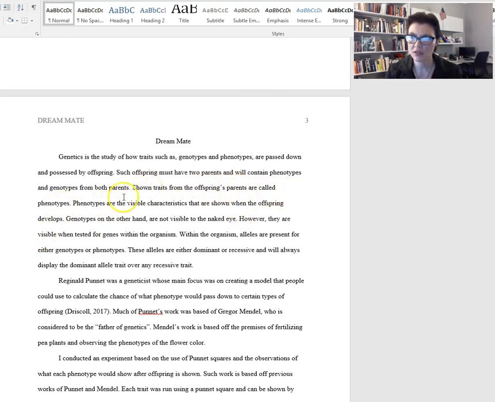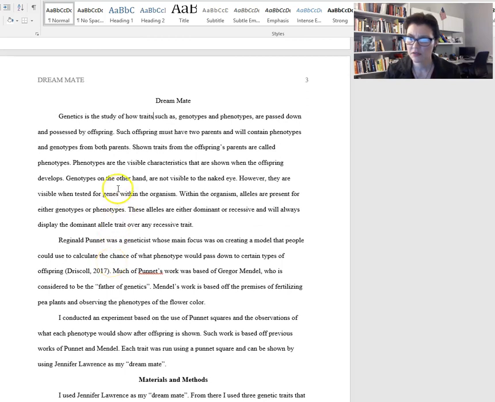So this sentence is kind of redundant. Put those two together. Genotypes, on the other hand, are not visible to the naked eye. However, they are visible when tested for genes within the organism. Alleles are present for either genotypes or phenotypes.